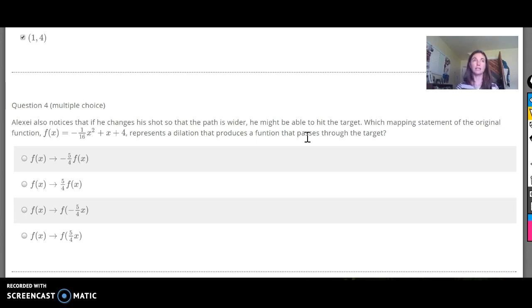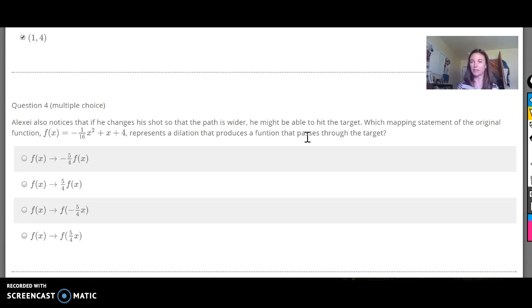If the absolute value of A gets bigger, your function is going to get narrower. So if we were to multiply 1/16 by 5/4 in any of these versions here, our function is going to get taller and narrower, which does lead us to that point of 16 and 5, but it's not wider in terms of a dilation.